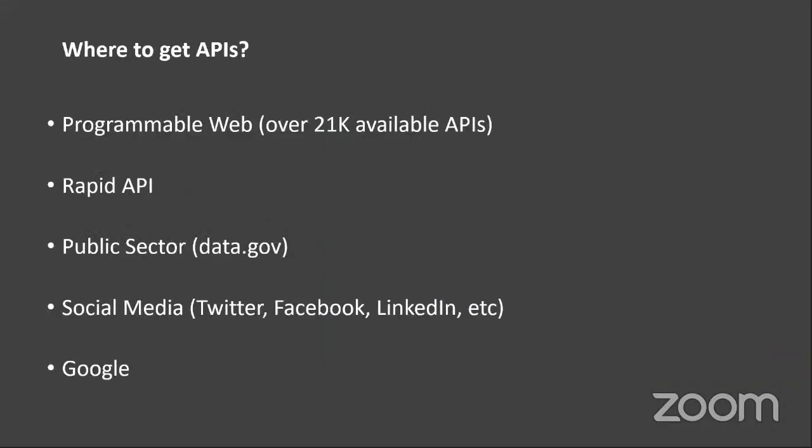So where do you get these APIs? I'm not even scratching the surface here, but Programmable Web has a lot of APIs that you can go through and see if there's anything in there you'd like to use. RapidAPI is another one. There's some public sector stuff at data.gov. Social media places have APIs that you can use, and Google.